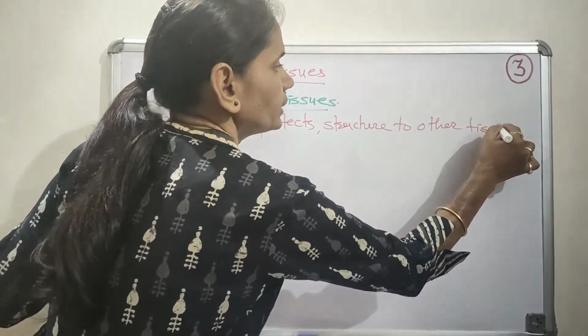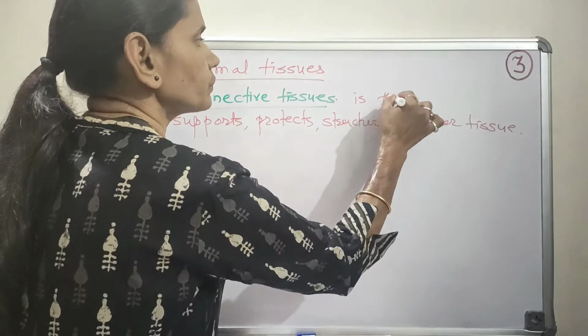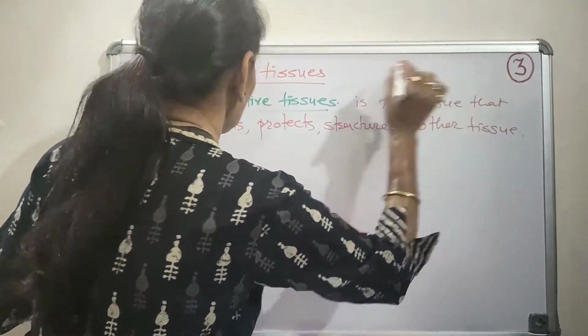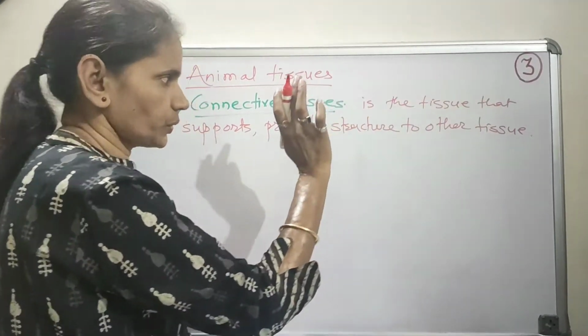The tissue that supports, protects and gives structure to other tissue is called connective tissue.